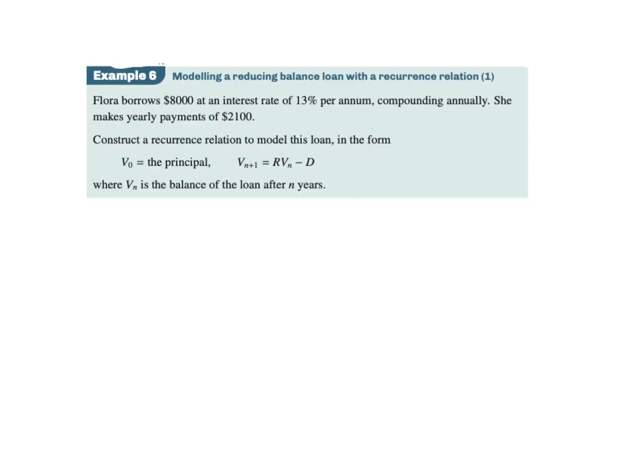Okay, so here's an example of what we'll see. It says that Flora borrows 8,000, so there's my V0, at an interest rate of 13% per annum, so there's my R. Now compounding annually, that's good. So I know it's compound interest, and I know PPY is 1.